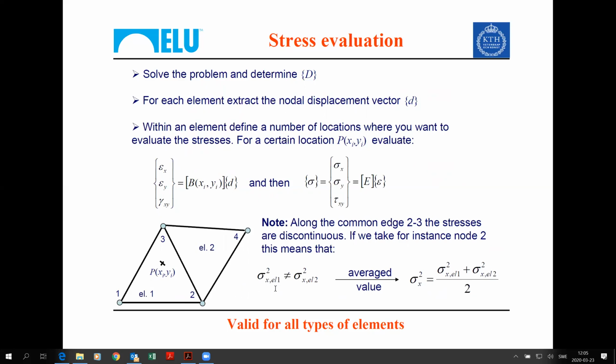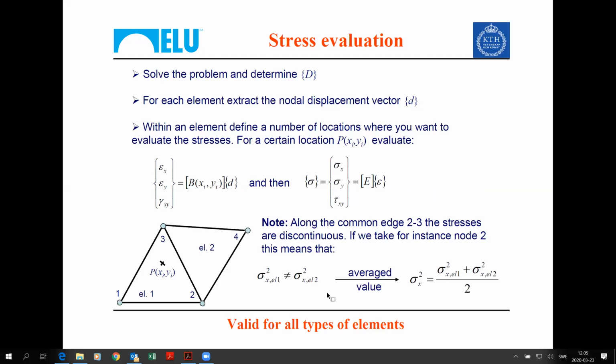Sigma x from element 1 at node 2 is not the same as sigma x at node 2 computed from element 2.